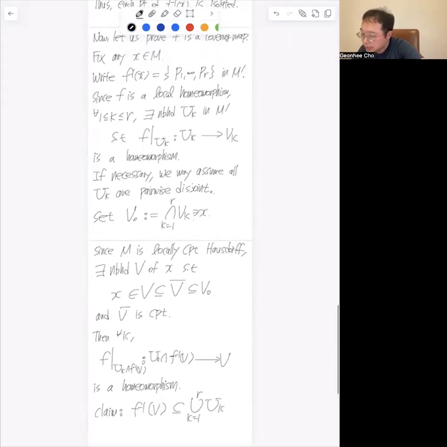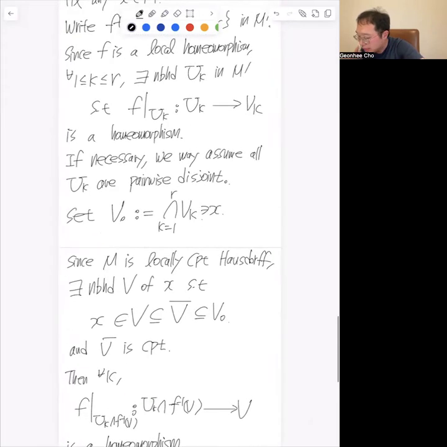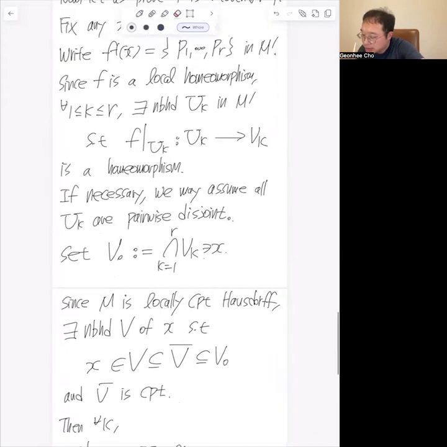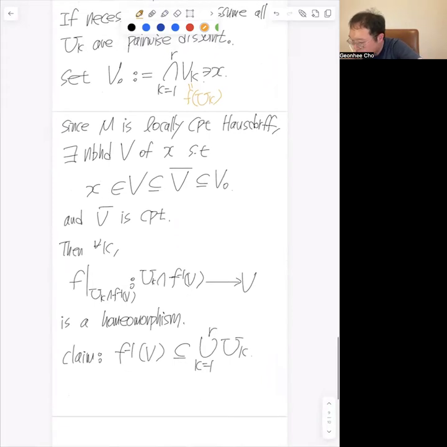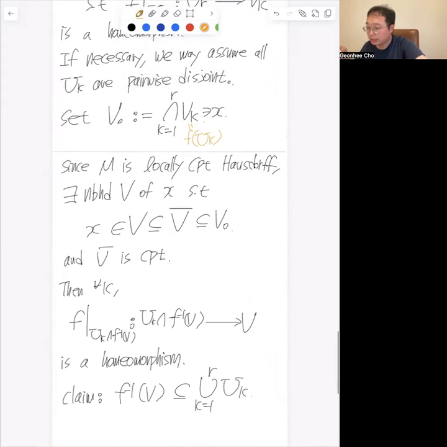V naught is the intersection of each of the V sub k, and you can see that these are coming from f of U sub k. So we take the inverse image after we take the image.